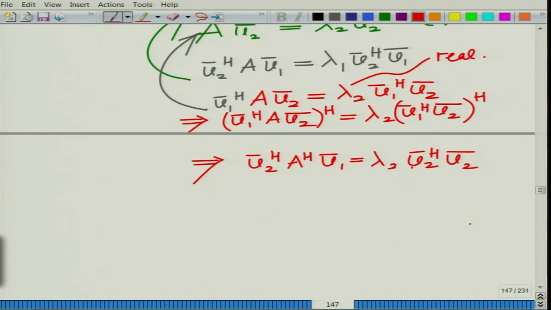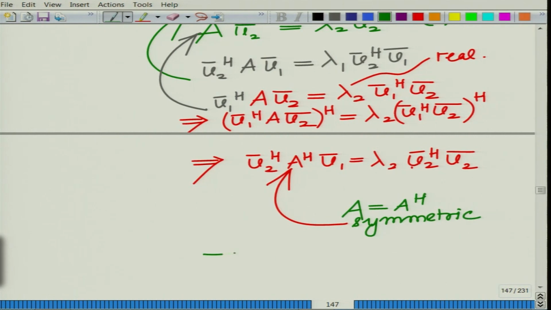Now, once again A is symmetric, which implies A equals A Hermitian, and this implies u2 bar Hermitian A u1 bar equals lambda 2 u2 bar Hermitian u2 bar.